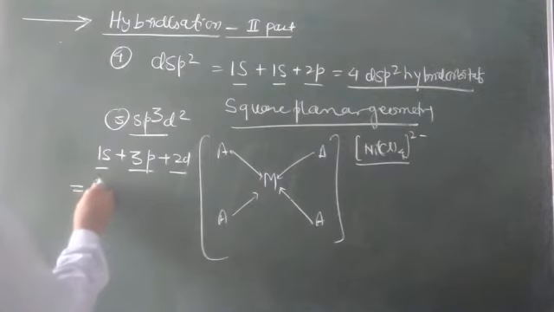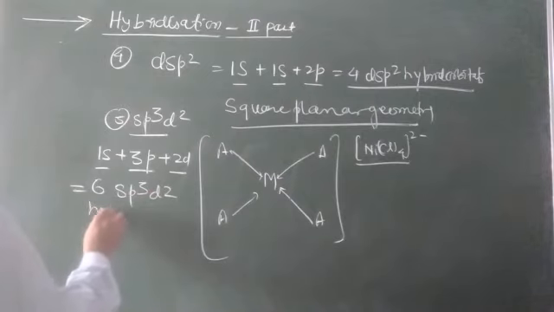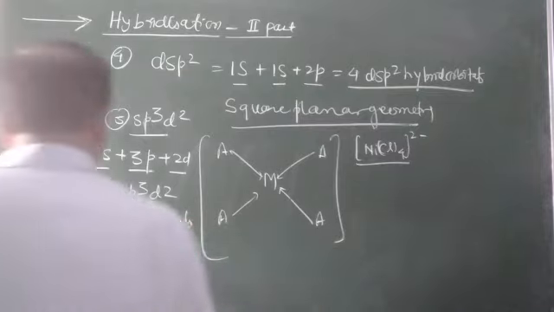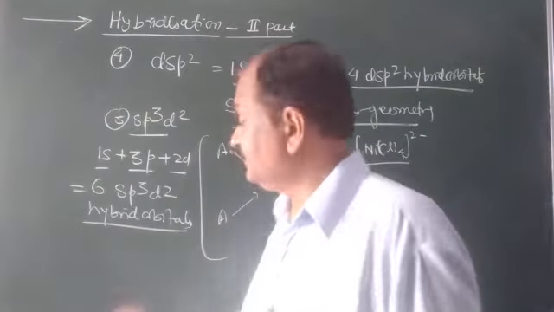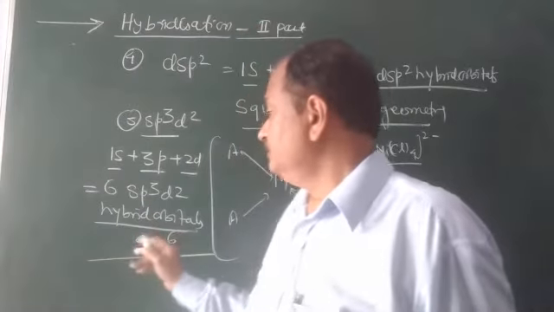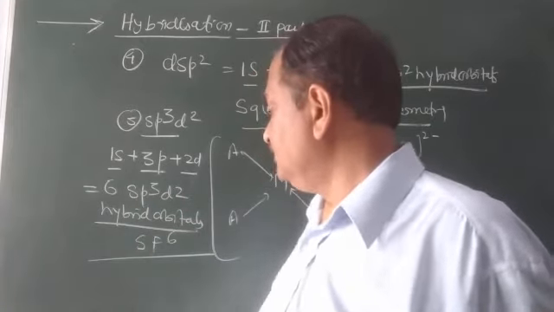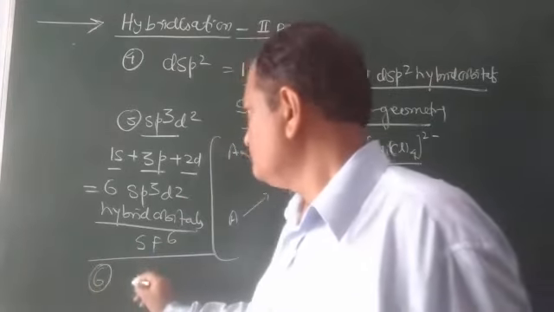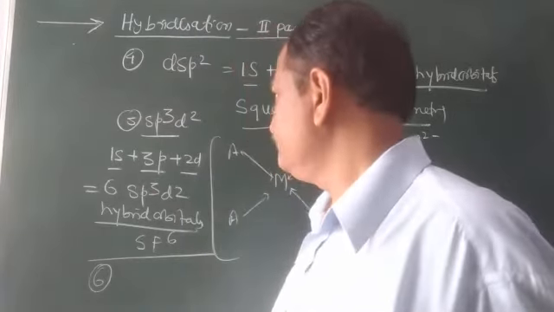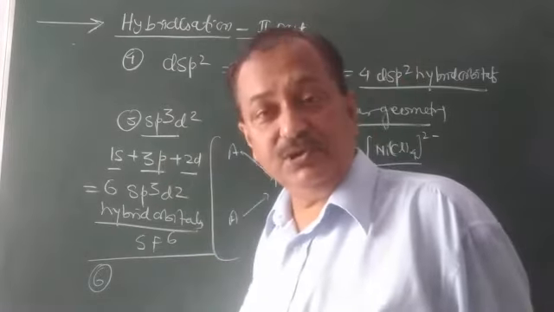So there are 6 sp3d2 hybrid orbitals, as in the case of SF6. The 6 are found here, so there are 6 hybrid orbitals.